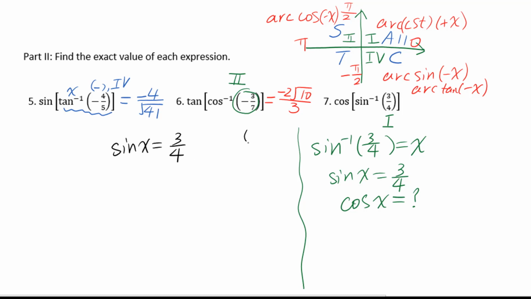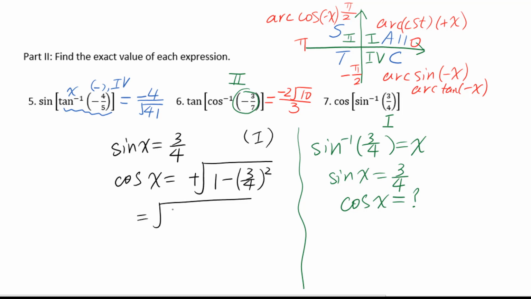Since x is in the first quadrant, cosine is positive, so cosine x equals positive square root of 1 minus 3 over 4 squared. That equals square root of 1 minus 9 over 16.